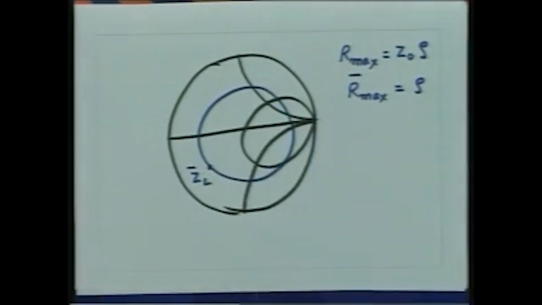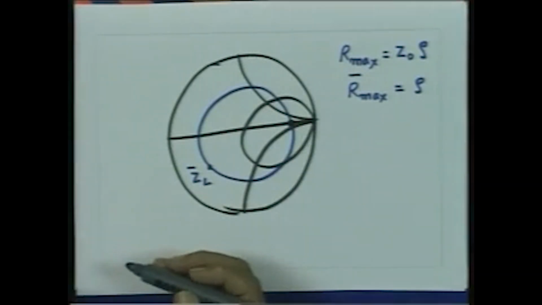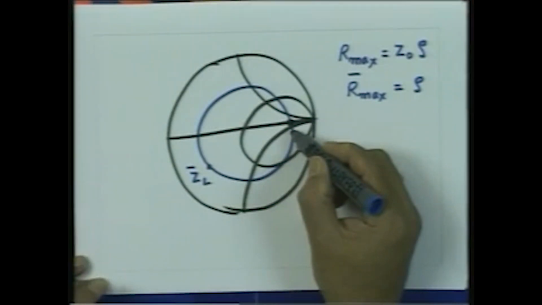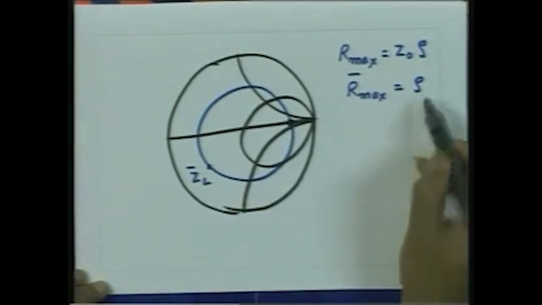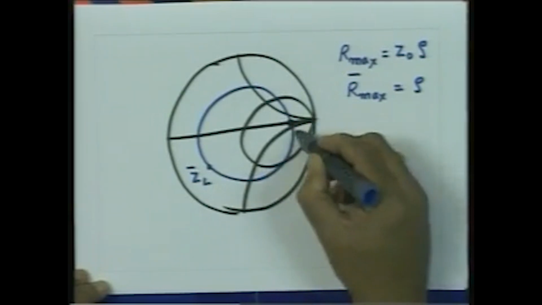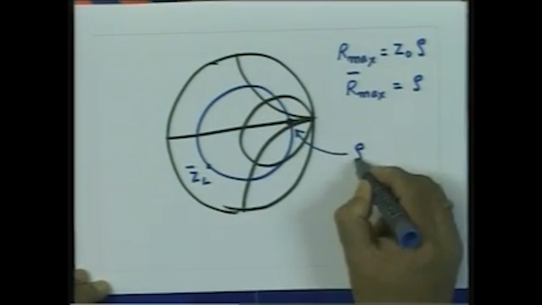So, this point here, the rightmost point on this axis, corresponds to normalized R max, and normalized R max is nothing but rho. So, if I read off the value of this point from the Smith chart, this straight away gives you the VSWR, the value of rho.